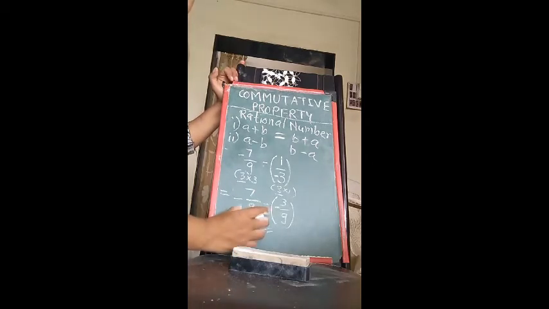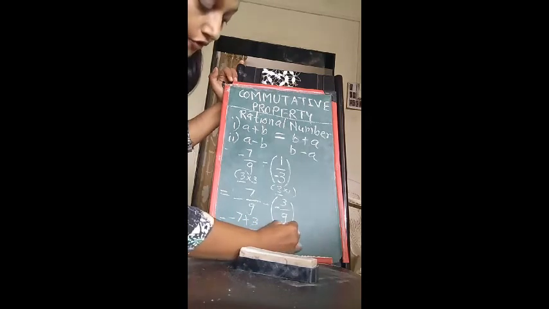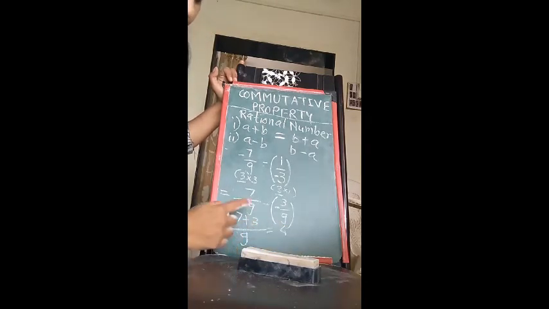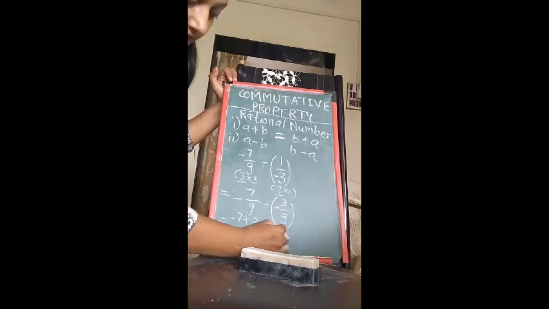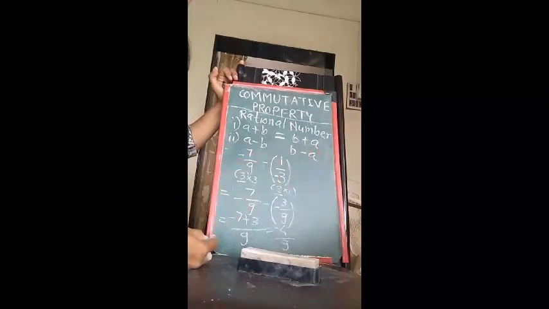You are just subtracting these two numbers. आपको जब भी सब्ट्रैक्ट करना हो तो बड़े नंबर में से छोटा नंबर आपको सब्ट्रैक्ट करना है. तो यहाँ पे बड़ा नंबर है 7, तो 7 में से 3 को आपको माइनस करना है. 7 माइनस 3 क्या आंसर आया? 4. एंड द साइन विल बी ऑफ द बिगर नंबर. यहाँ पे बिगर नंबर 7 है, उसके पीछे साइन क्या है? माइनस. सो अल्टीमेटली द आंसर इज minus 4 upon 9. Have you got this? You can write this fast till I will solve the other thing.